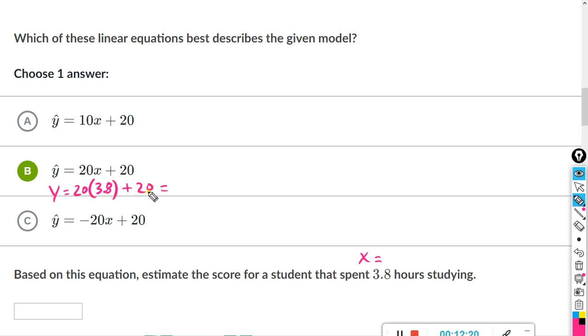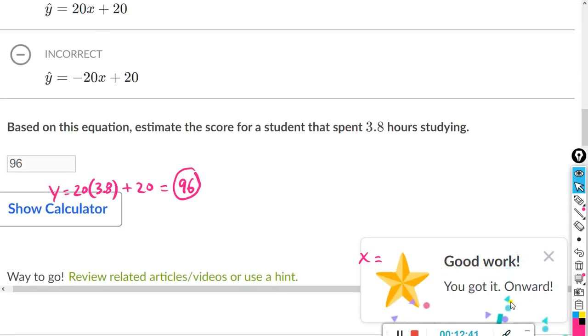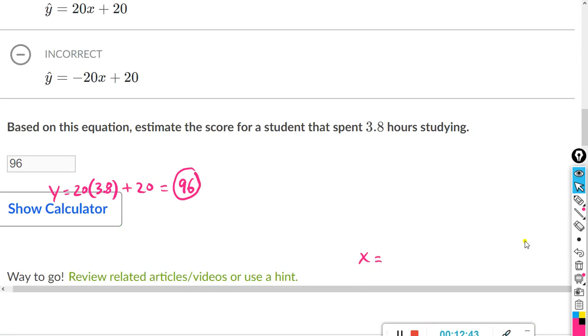Times 2, that's 76, plus 20, that's a 96. Let me check and see if I got that right. Yes, that should be correct, 96. So just enter that number in the box. And that's it.